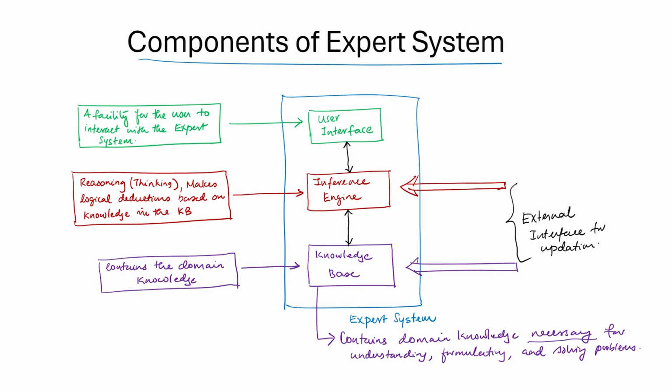So, now let us think about a revised expert system structure. Let us now see how the expert system structure changes. Remember, if we go back, we had seen the components of the expert system, right? Major components: user interface, inference engine, knowledge base. Now, how would we go back and revise the expert system?